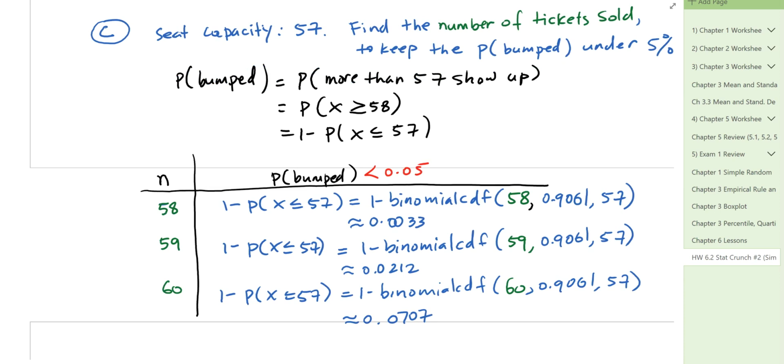But if you sell 60 tickets, then it's more than 5%. So the number of tickets where the probability of a bump is under 5% is n equal to 59. So if we have a seating capacity of 57 and want the probability of a bump under 5%, you could sell 59 tickets. So n equal to 59 is the answer.